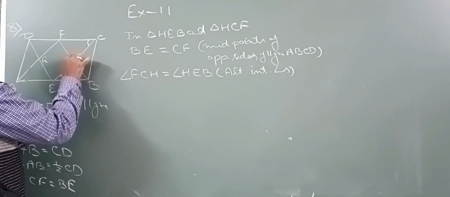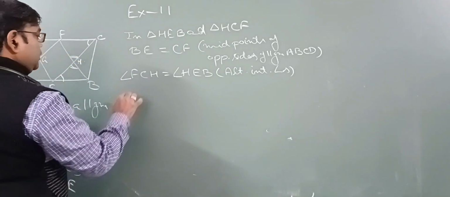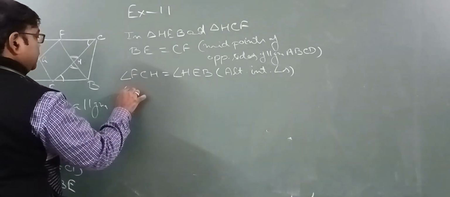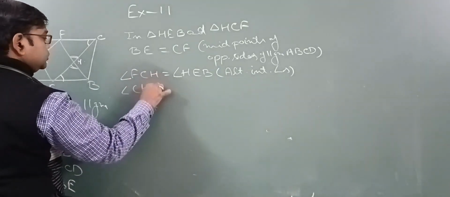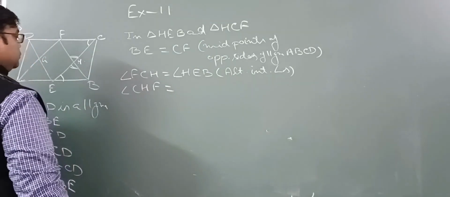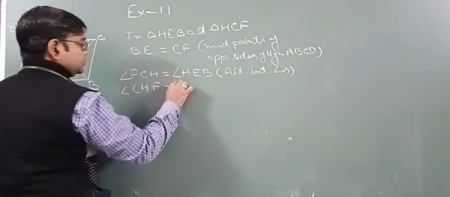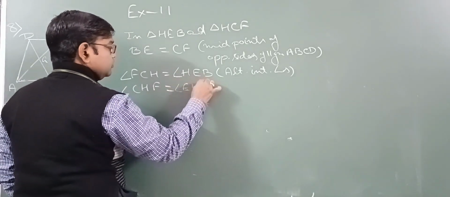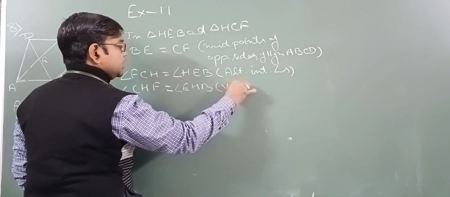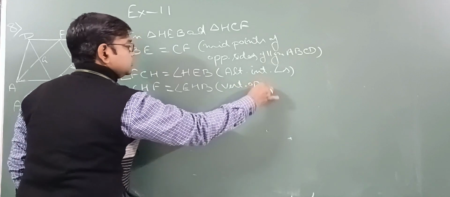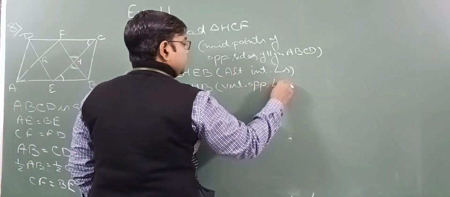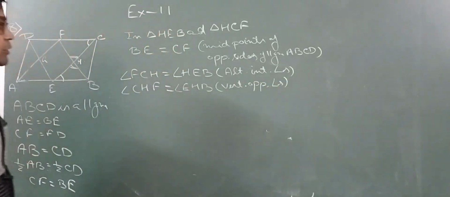Now come to these angles. Angle CHF equals angle EHB. Why? They are vertically opposite angles.